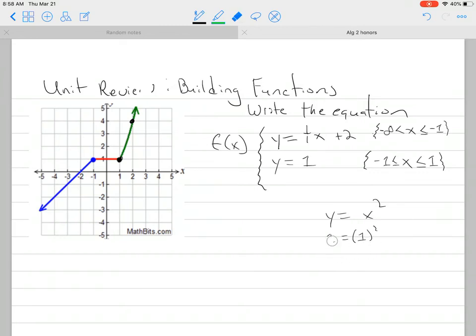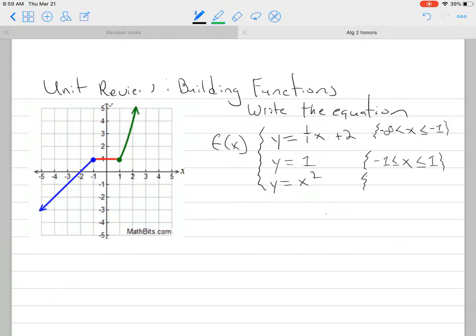But I also need to check out when x is 2, y should equal 4. So 4, 2, boom, boom, boom. So this is actually just a simple y equals x squared. And again, we're not going to give you anything crazy on here, okay? So I'm going to say y equals x squared.